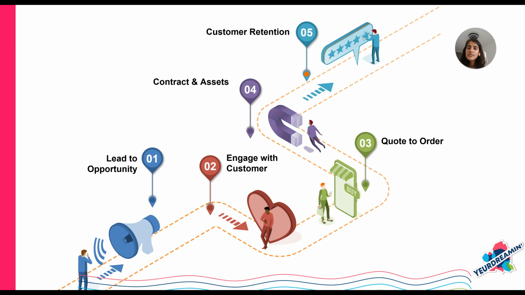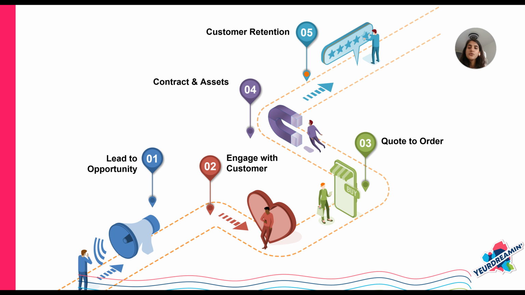The leads originate from various sources like campaign, marketing, and web, and a select few convert into opportunities. Once opportunities are created, CPQ helps in configuring the right products, determining optimum pricing, discounting, and readying the quote for finalization, including some applicable promotions.